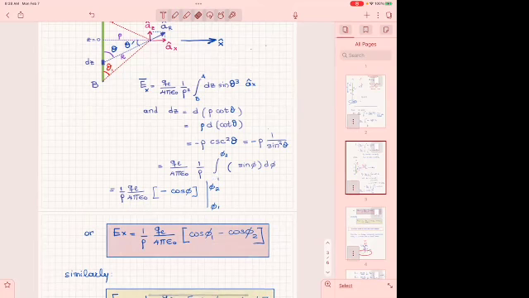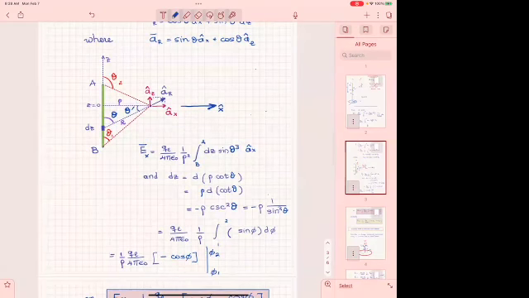And then I go from theta 1. Theta 1, when I integrate from b to a, theta changes from value theta 1 to theta 2. So I go from theta 1 to theta 2. And this is the integral of sine of theta d theta. All right.